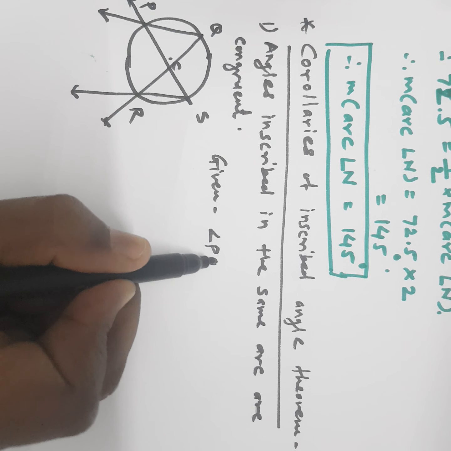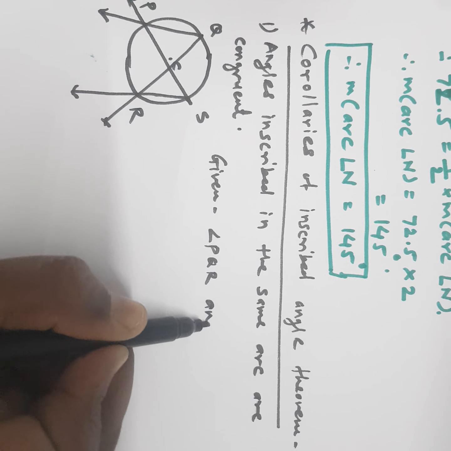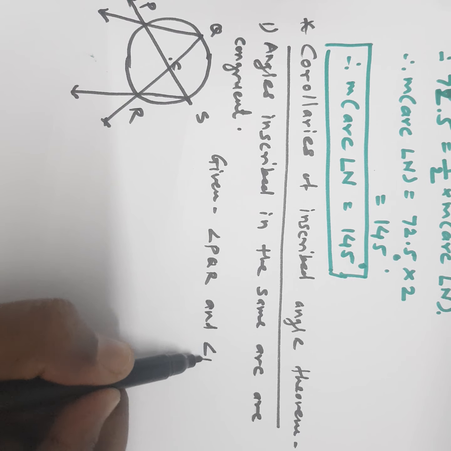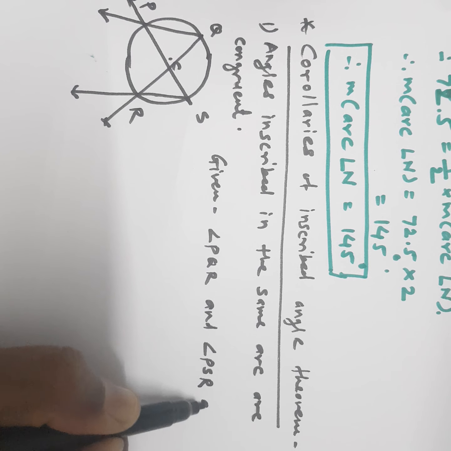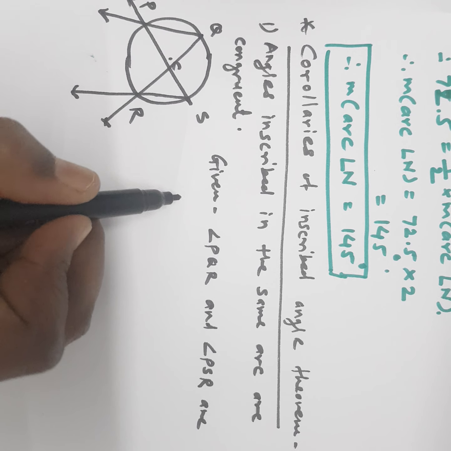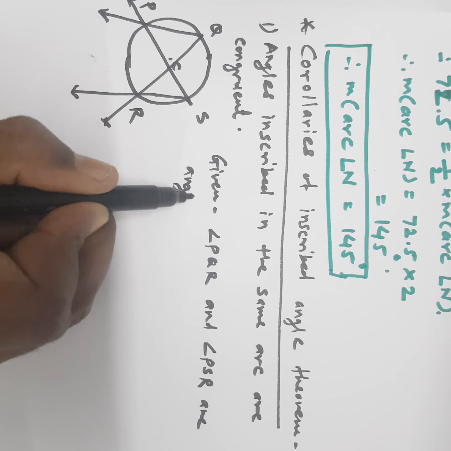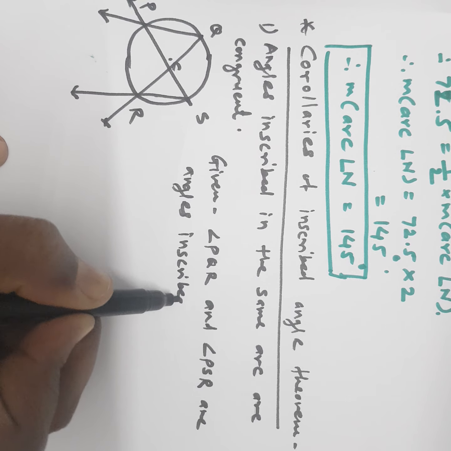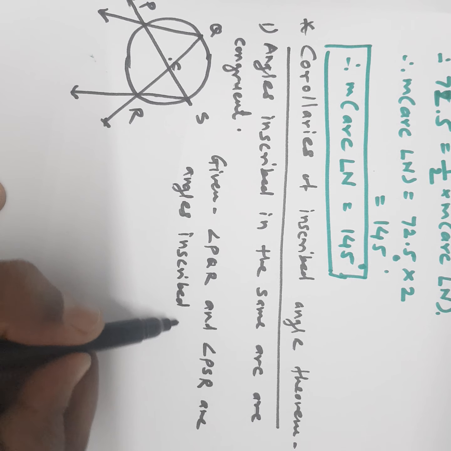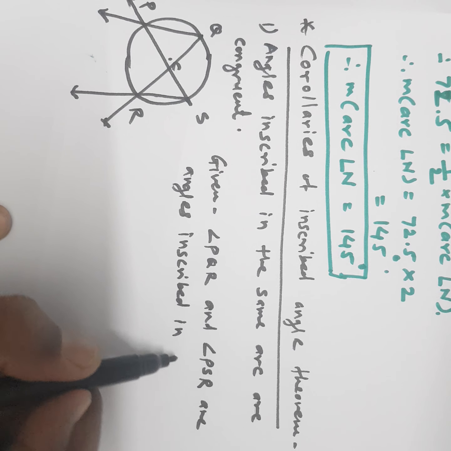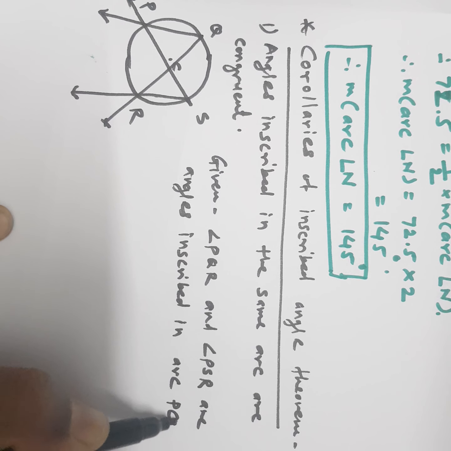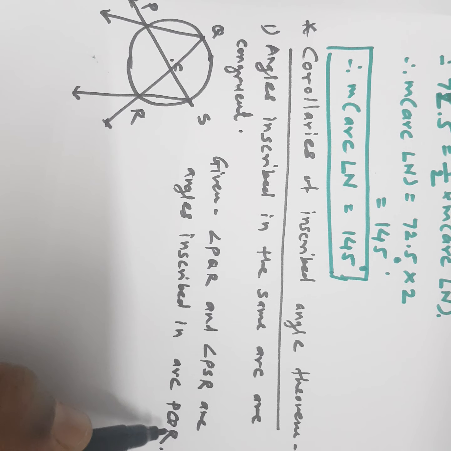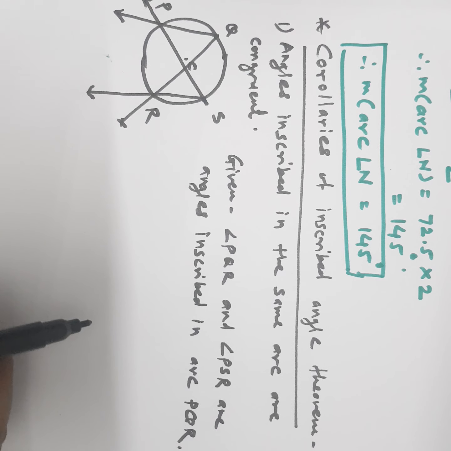Angle PQR and angle PSR are angles inscribed in arc PQR, that is, angles inscribed in the same arc.